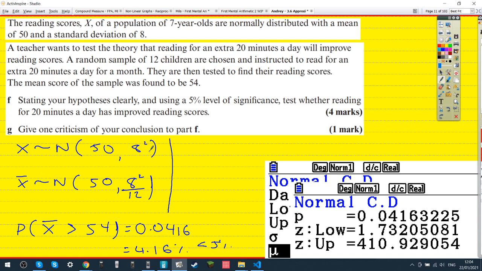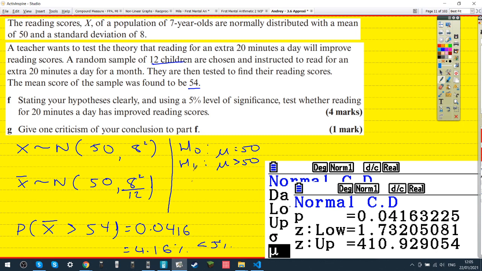Yes. So the null hypothesis, the one you assume, is that their average is 50. The alternate hypothesis is that the average went up. It's now greater than 50. The odds of taking 12 kids randomly and getting a mean of 54 is 4%.